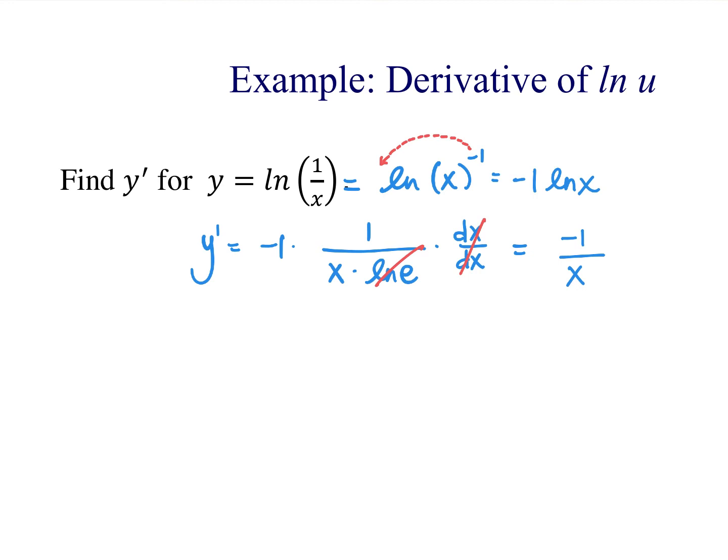Now what if we hadn't done algebra first? Let's just think of, in this format, what if we just did part 1, part 2, part 3, and we did it that way? So that would be 1 over. Part 1 would be 1 over x. Part 2 is still going to be the natural log of e.